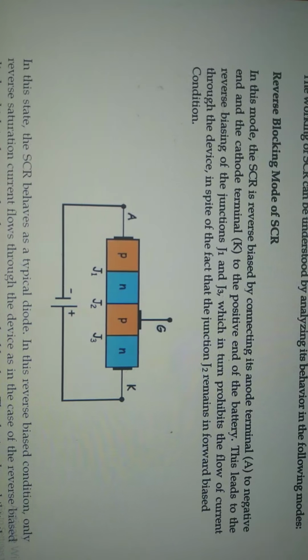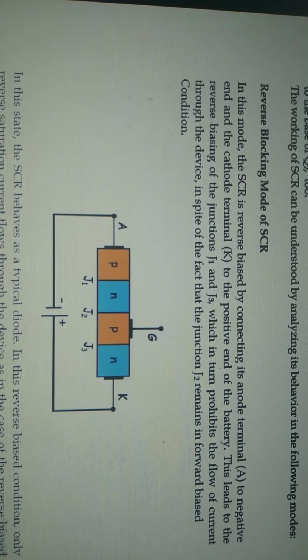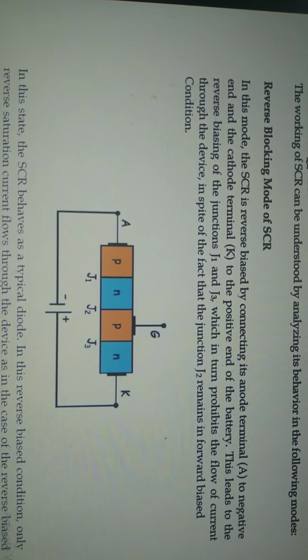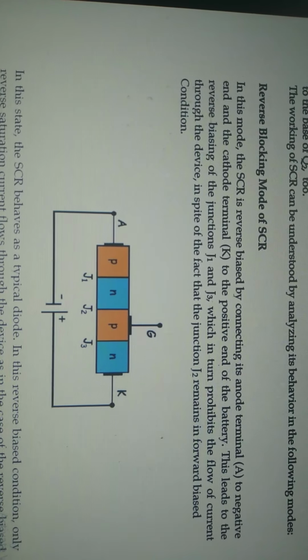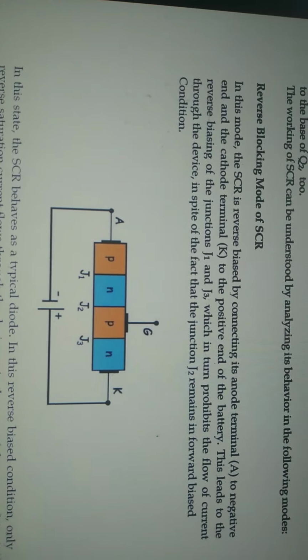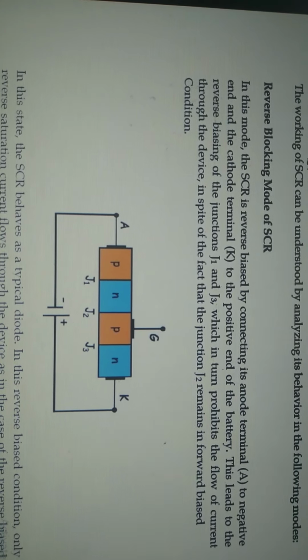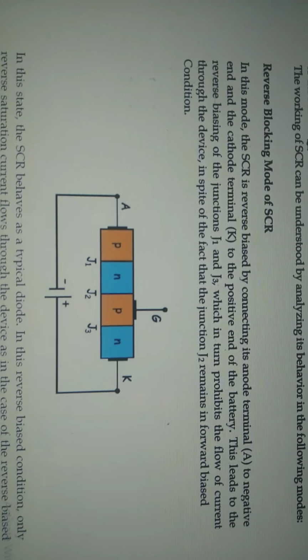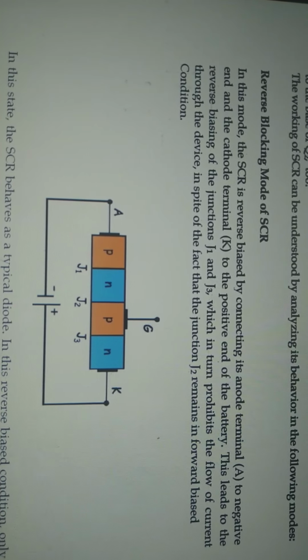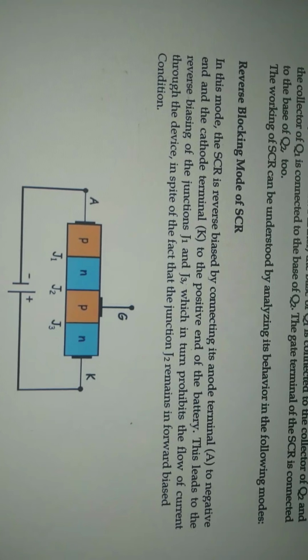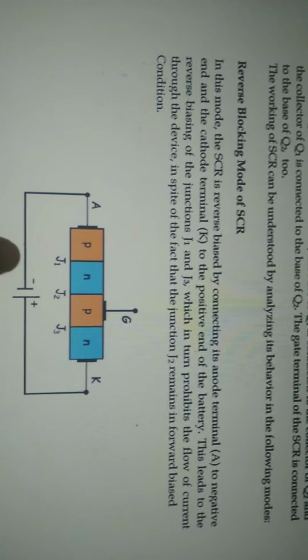So based on the connections that we are giving to the semiconductor device, the operation of the SCR will be decided. First we'll see reverse blocking mode of SCR. In this mode, we are going to see the connection.